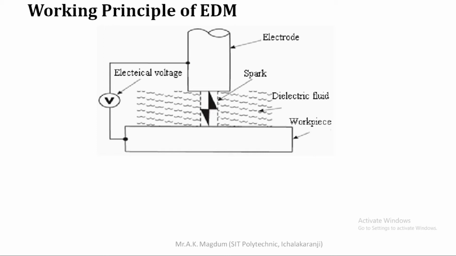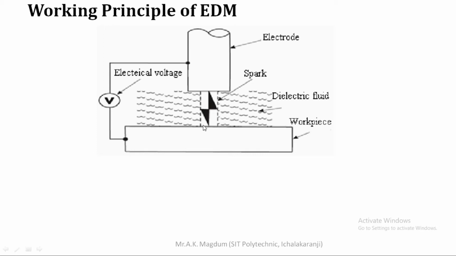Here is the block diagram of the EDM process or the working principle of the EDM process. This one is the electrode. This one is the workpiece. There are two nodes of the electric supply, which are connected to the electrode and the workpiece. The negative terminal is connected to the electrode and the positive terminal is connected to the workpiece.